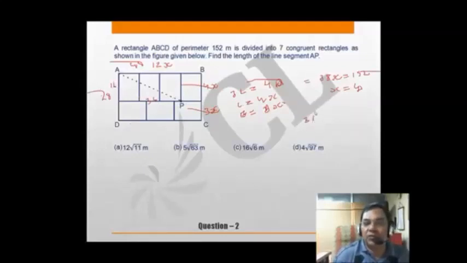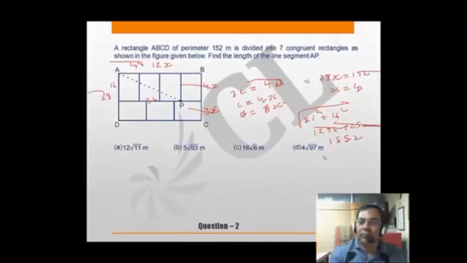So 36 square plus 16 square under root. 36 square is 1296 plus 256, that is 1552. That is under root, which is roughly less than 40.